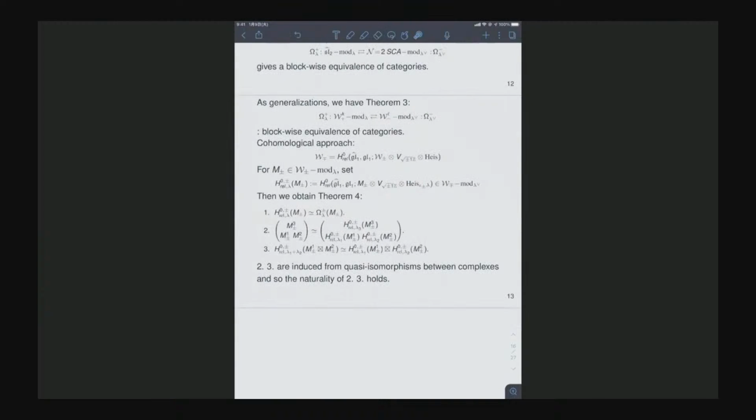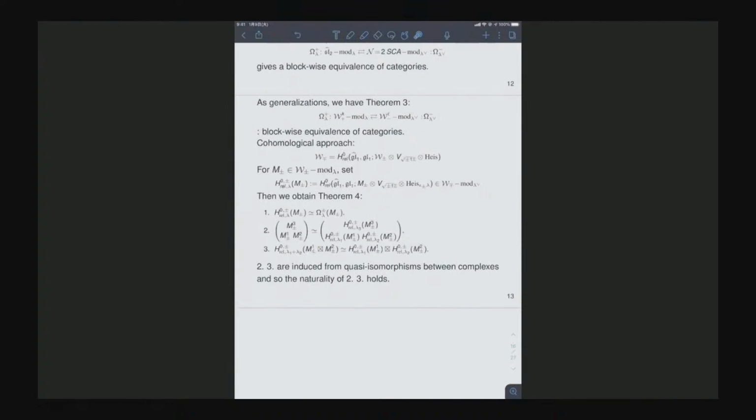If you take intertwining operator M1, M2, M3, then we consider the corresponding complex defining this cohomology, and then intertwining operator between them induces intertwining operator between complexes, and we can prove that such an intertwining operator is well defined at the cohomology level.